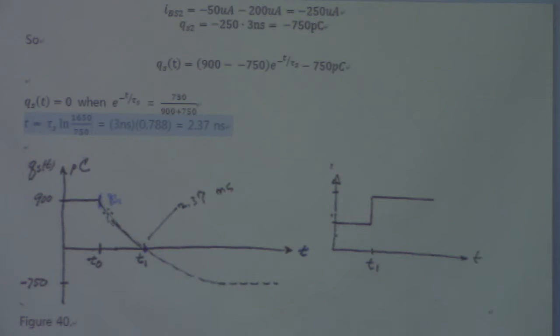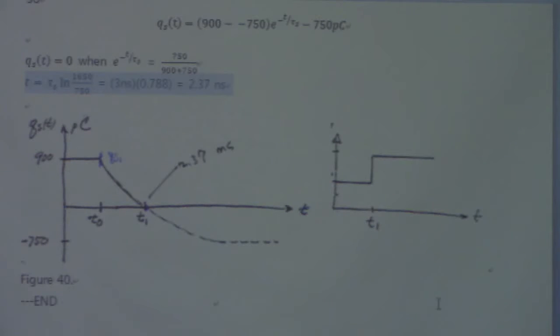Then this has to go down, and to eliminate all the excess stored charge, it takes about 2.37 nanoseconds. Then at this point at T1, the stored charge is going to be 0.